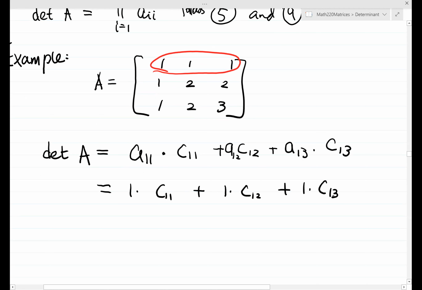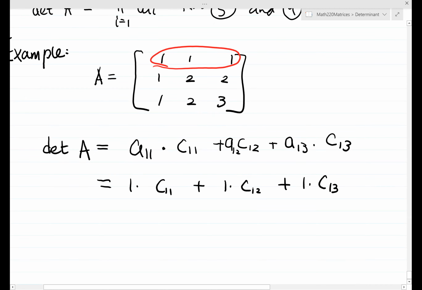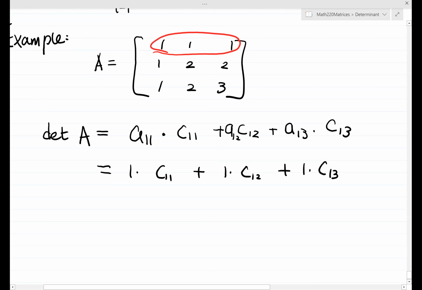Now let's compute C11, C12, C13. For C11, we delete the first row and the first column. Don't forget the alternating factor, negative 1 to the power of row number plus column number.